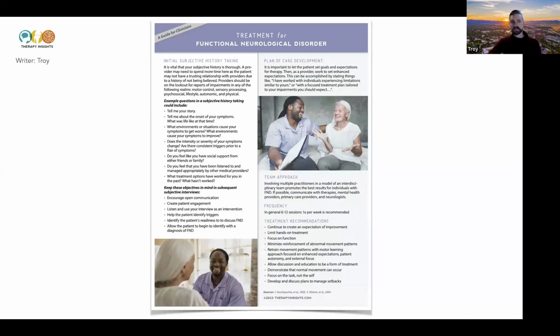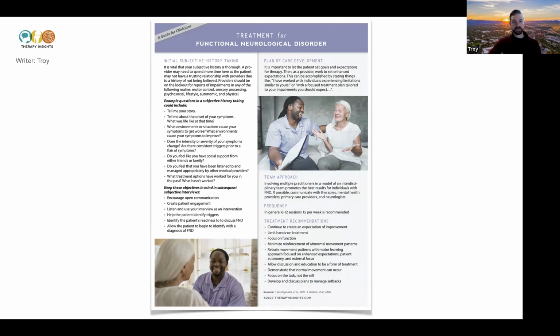Whatever you need to do to work towards that type of environment in that initial session is important. You're going to help the patient identify triggers, and offer a lot of open communication where they can ideally begin to trust you through active listening strategies.